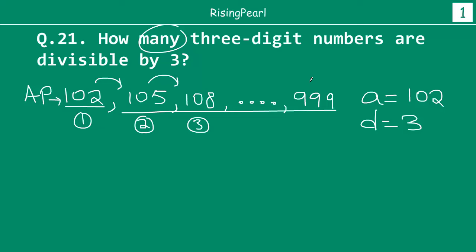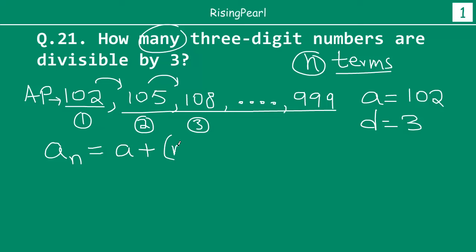Let's assume there are n number of terms, total n number of terms. So the nth term will be given by the formula a plus n minus 1 times d. The nth term, which is the last term, is 999.